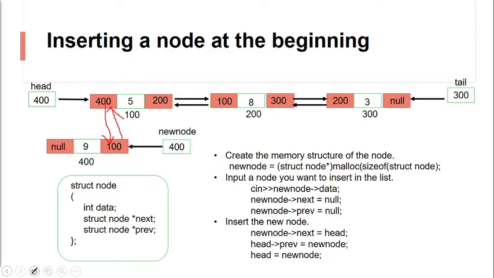As you could see, it has been disconnected from the second node, and there will be a double connection from the first node to the second node. And our tail, I should say head, will now be 400 because that is the new node that we have inserted at the beginning.